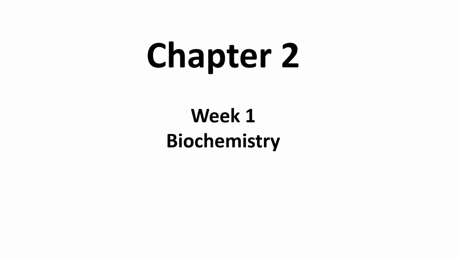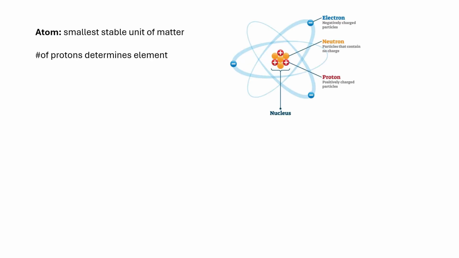So we're starting on page 30, and we're going to start with the most general definitions. First of all, in chemistry, a substance is a form of matter that has characteristic properties. Now, an atom is the smallest stable unit of all matter, and it's comprised of three particles: protons, neutrons, and electrons.